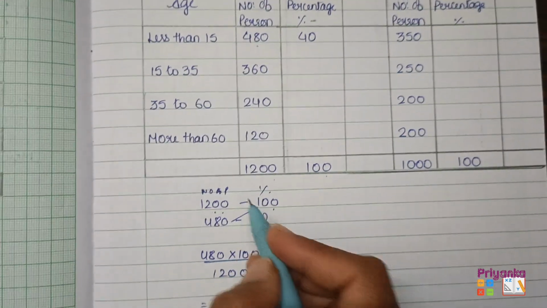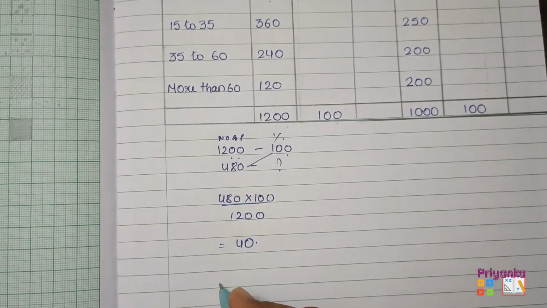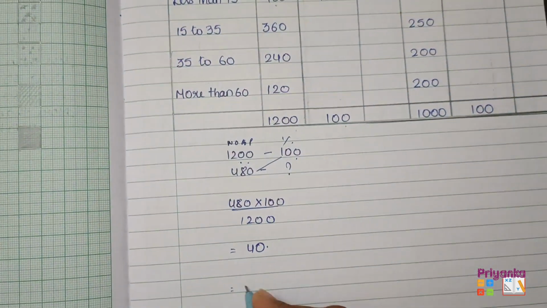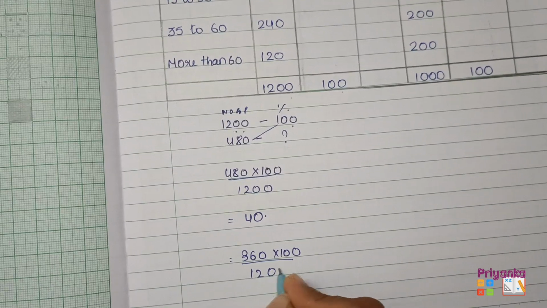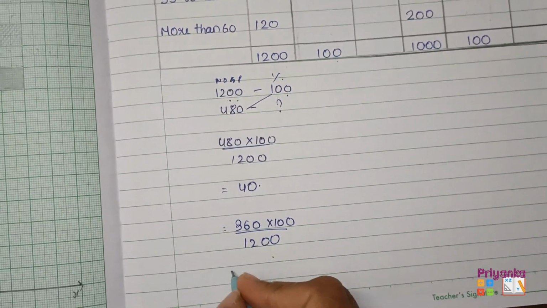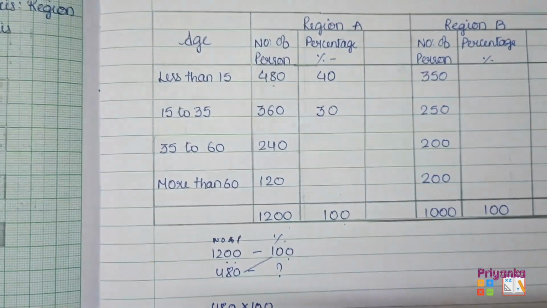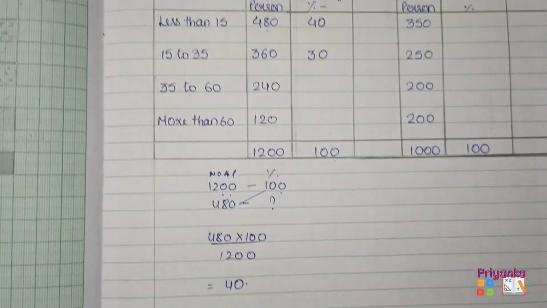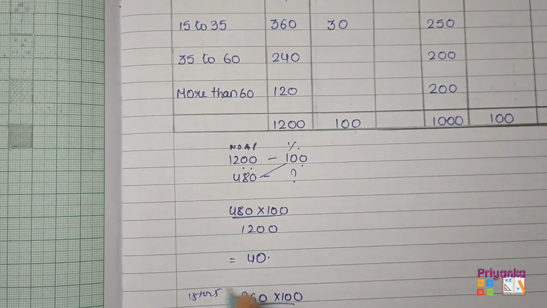In the same way, without doing such an equation, you can directly do it by taking 360 multiplied by 100 divided by 1200. Here you will get 30. Next, for 240, that is for 15 to 35.